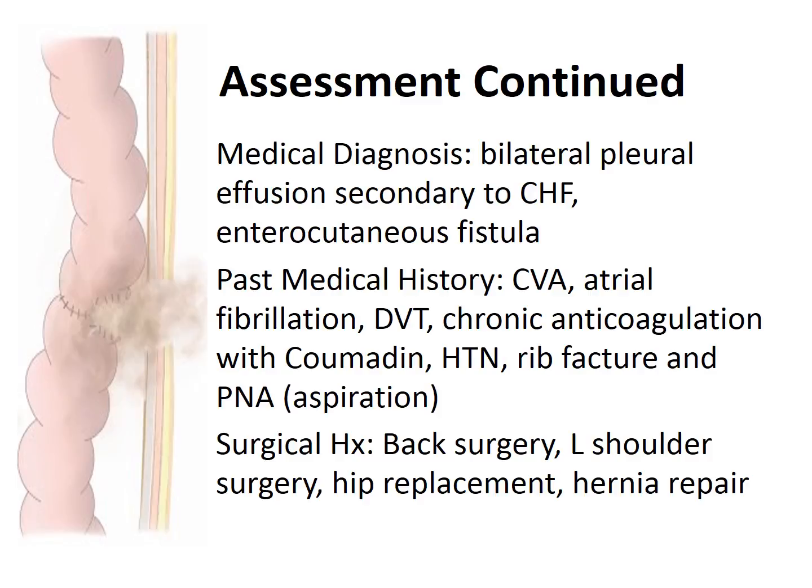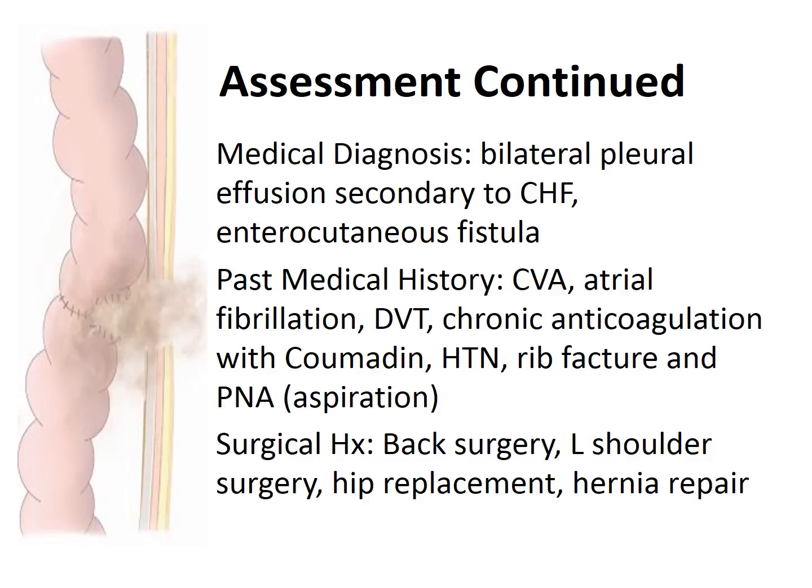JM's past medical history included a stroke, abnormal heart rhythm, blood clot or blood clots, which led to the chronic use of Coumadin, the anticoagulant, hypertension or high blood pressure, and again, that pneumonia, which was listed in the most recent visit, and that was caused by a rib fracture.